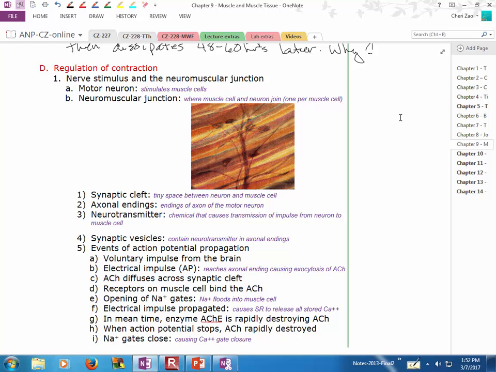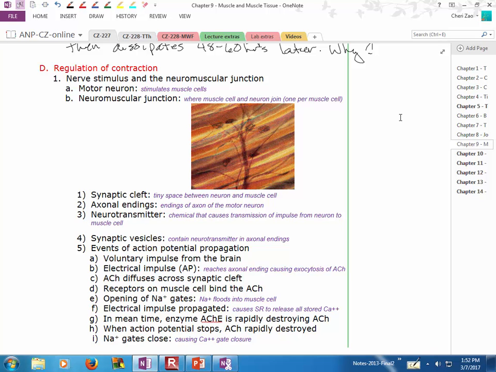Okay. So now let's take a look at the regulation of a contraction itself. Nerve stimulus and the neuromuscular junction. So we're going to call a neuron, which is a nerve cell that is connected to or stimulates a muscle cell, a motor neuron. This is a very specific distinction because there are different neuron-to-other-thing connections. Motor neuron tells you it's directly going to stimulate a muscle cell.